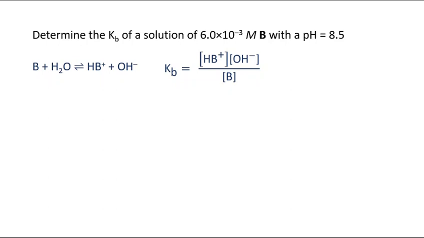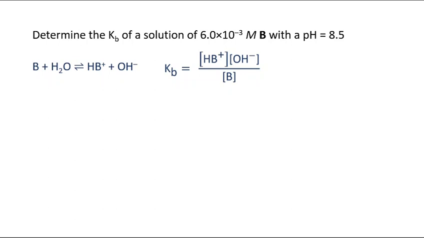The Kb is still just going to be the product of your HB plus and your OH minus over the B. In this case, as before, your H2O is left out of the equation because we're considering a pure substance that will not change its concentration. And as I mentioned in the beginning, your pH tells you something about your hydronium concentration.